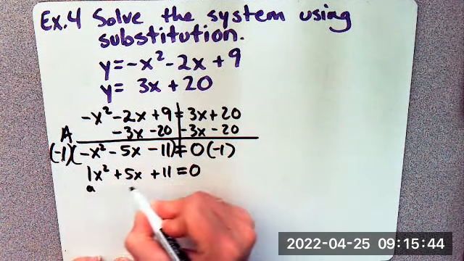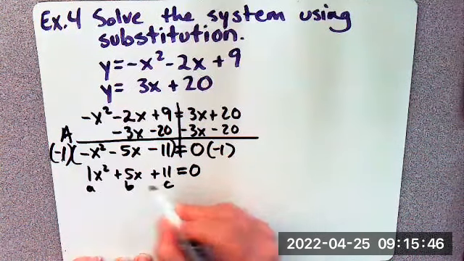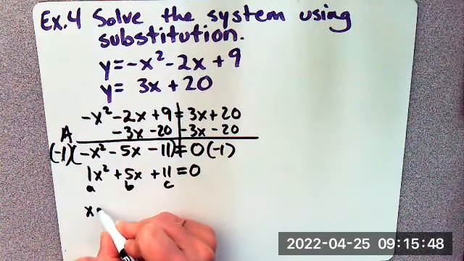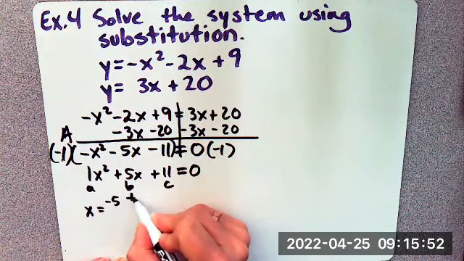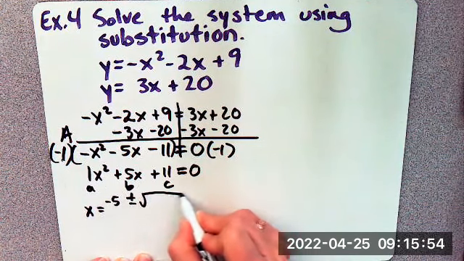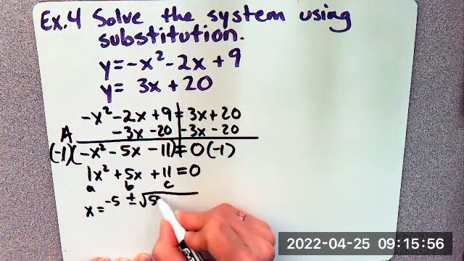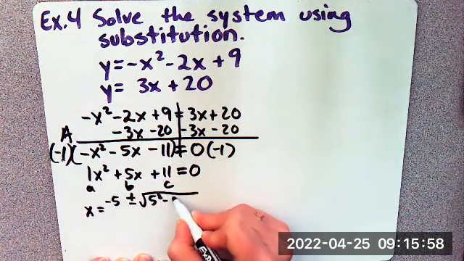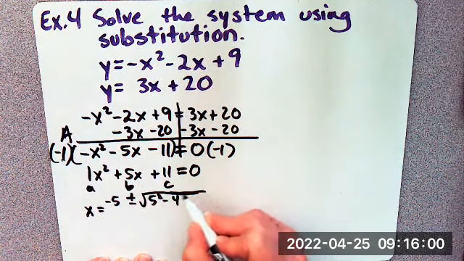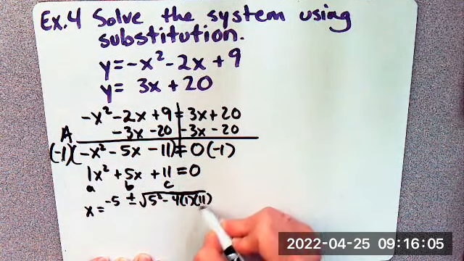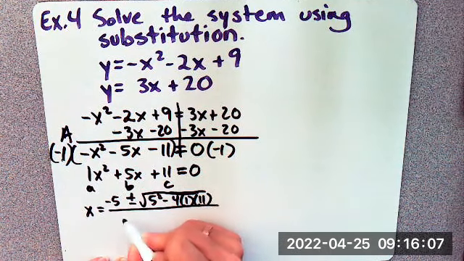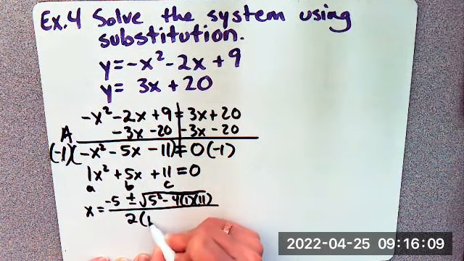Okay, so we have A, B, C. So we have x equals negative b, which is negative 5, plus or minus the square root. And we have 5 squared minus 4 times 1 times 11, all over 2 times 1.